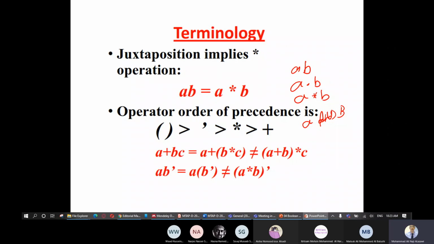Now, in regular mathematics, if I ask you to find 2 times 5 plus 3, how much is it?